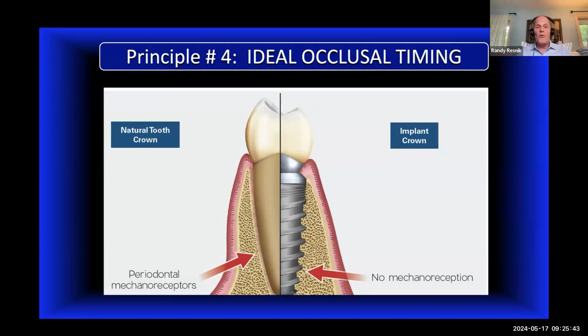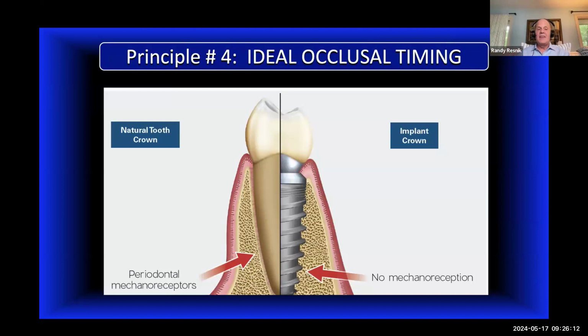So principle 4, ideal occlusal timing, and this is probably one of the most important with single or multiple implant crowns. As we know, a tooth has proprioception. It has a negative feedback loop to the brain that lets the brain know you're putting too much force on, or it starts to hurt because there's a nerve in it.